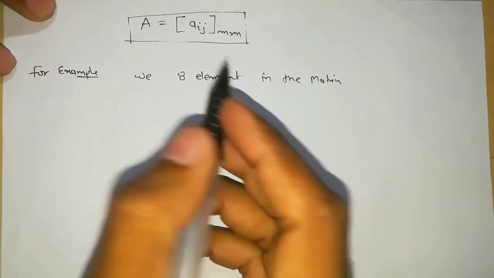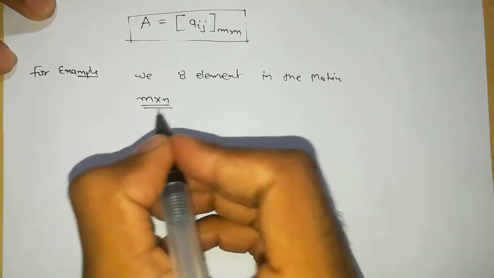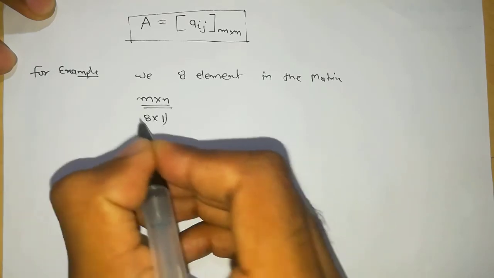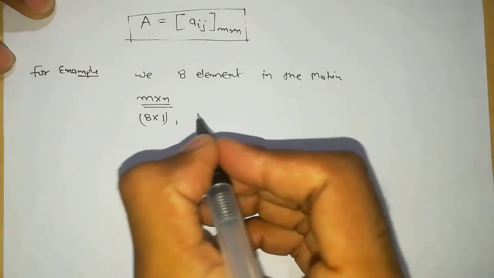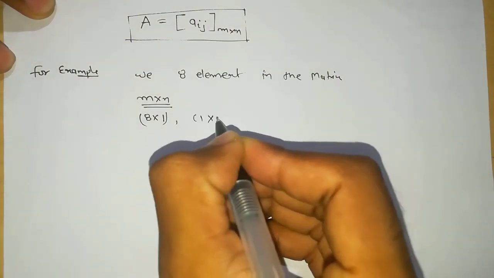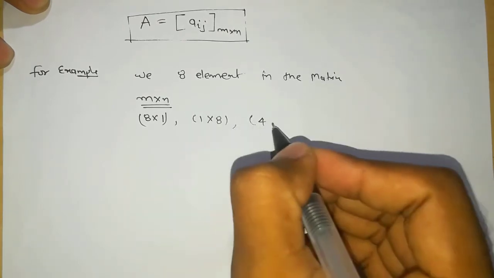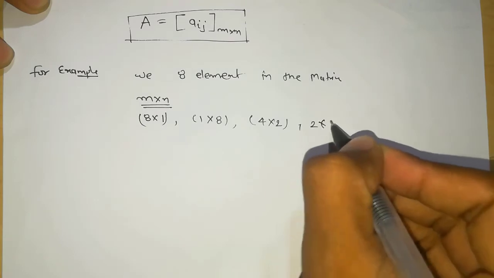Like M cross N, it is possible to have 8 rows and 1 column, or 1 row and 8 columns, also 4 rows and 2 columns, and 2 rows and 4 columns.